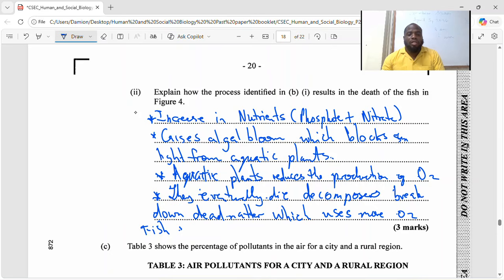Fish has limited oxygen, hence they die. All right?